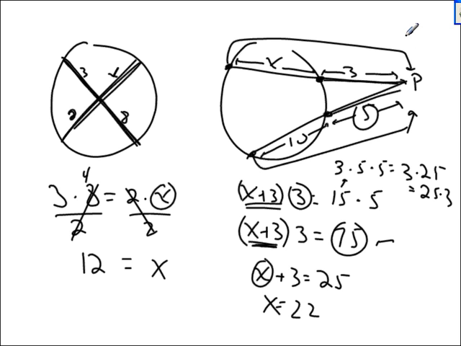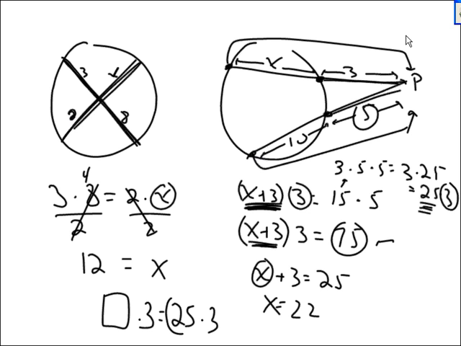Something times 3 is 25 times 3. This must be 25. What times 3 is 25 times 3? You're given the answer. 25. So x plus 3 is 25.